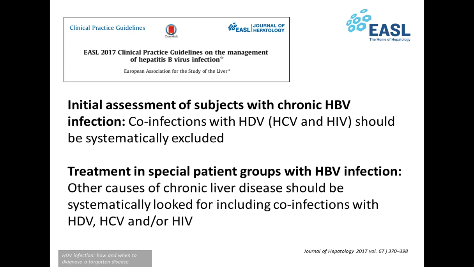In 2017, the document of the European Association for the Study of Liver Diseases entitled Clinical Practice Guidelines on the Management of Hepatitis B Virus Infection points out the necessity of including systematic diagnosis of Delta virus infection in the initial assessment of subjects with chronic hepatitis B virus infection. It also underlines the importance of the complete diagnosis of co-infections in order to apply an appropriate hepatitis B treatment.